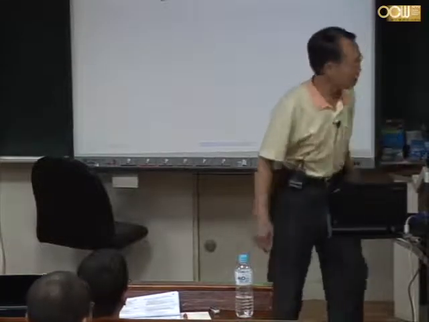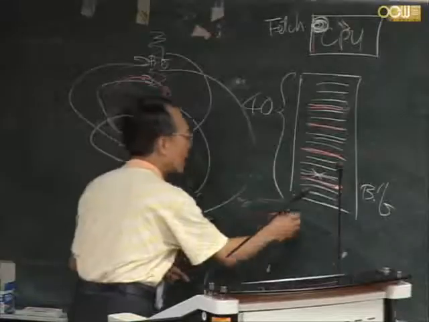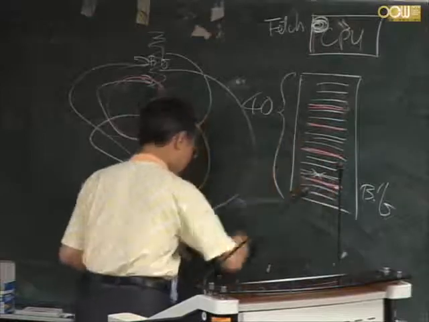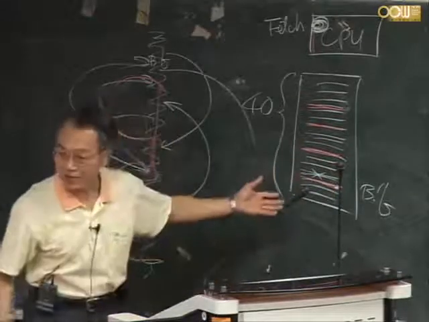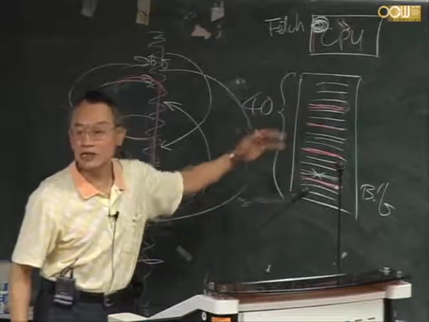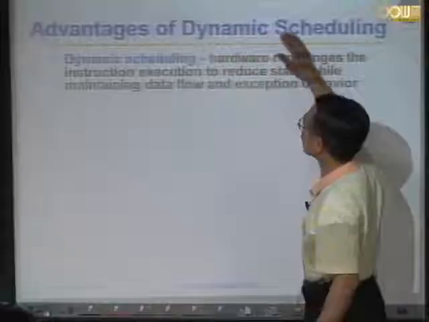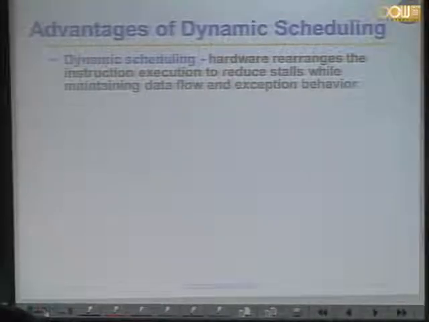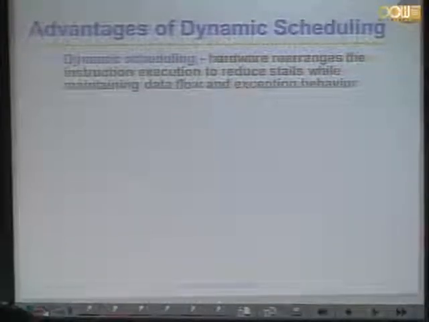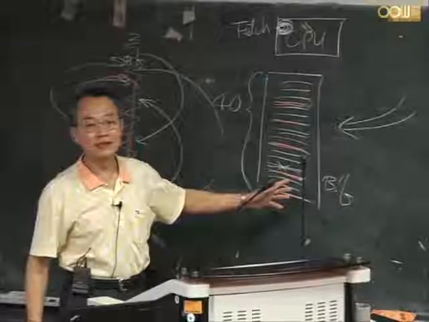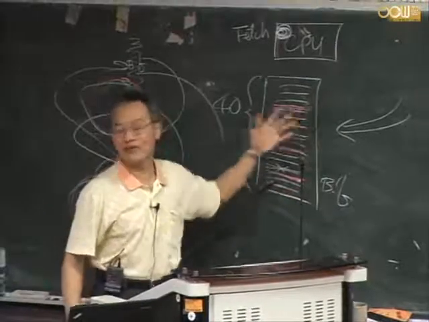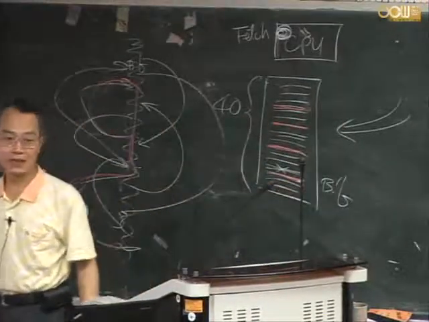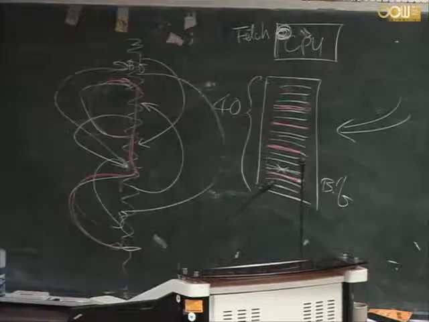Okay, so all the instructions are placed in what we call a buffer in order, and our dynamic scheduler will come in and check the instructions for their data dependencies and issue out whichever instruction is issuable in random order.